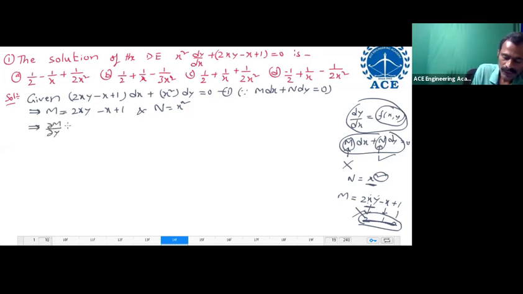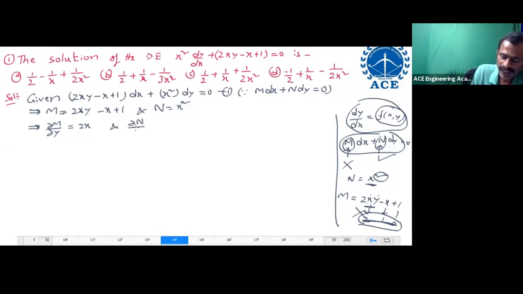Dou M by dou y is the partial derivative, that is, differentiate M partially with respect to the variable y. While differentiating partially with respect to one variable, we consider the other variable as constant. We are doing with respect to y, so x is constant: 2x, the derivative of x is 0, the derivative of 1 is 0. Dou M by dou y is 2x.